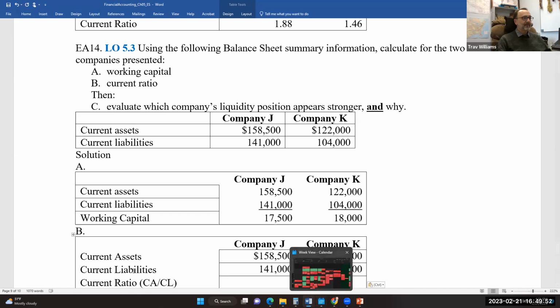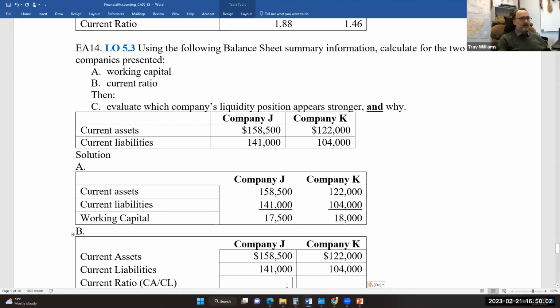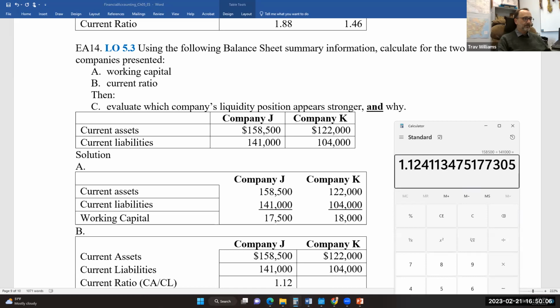We divide to get the current ratio. So for company J, 1.12. For company K, 1.17.